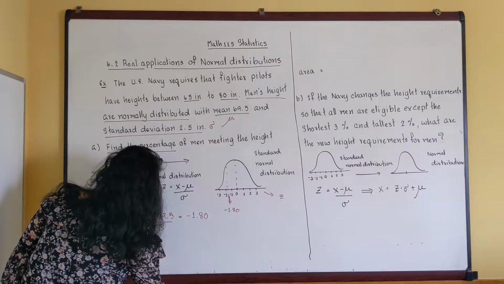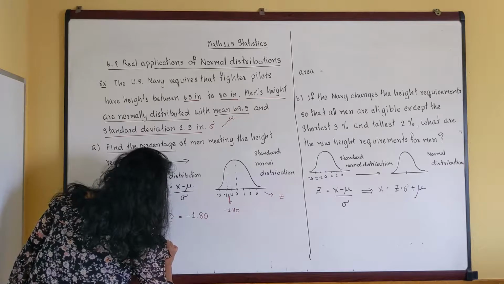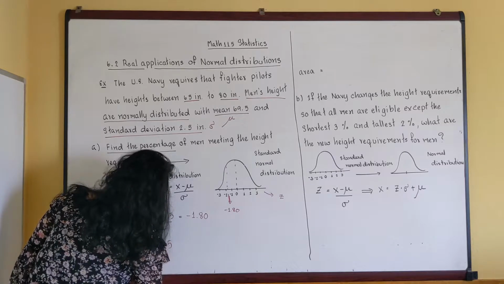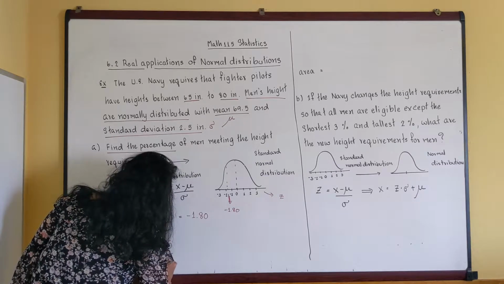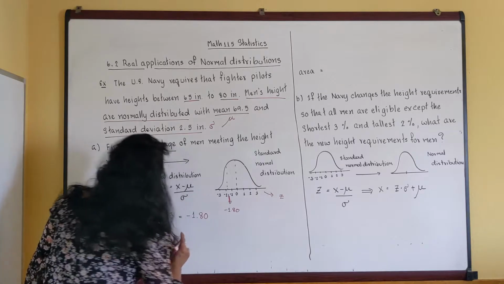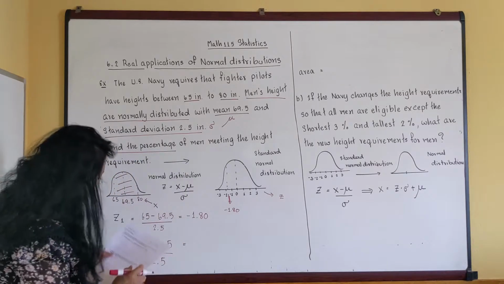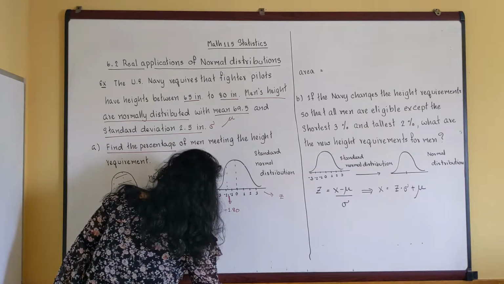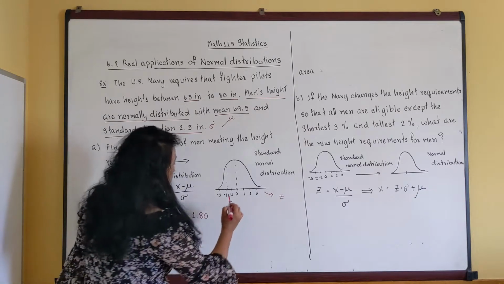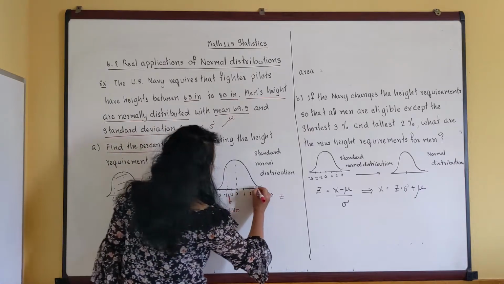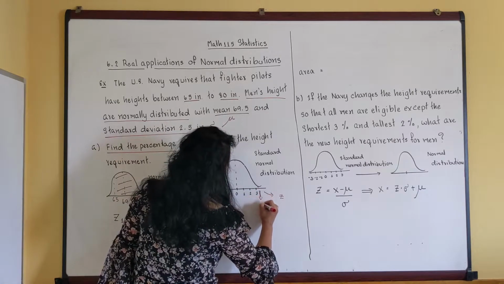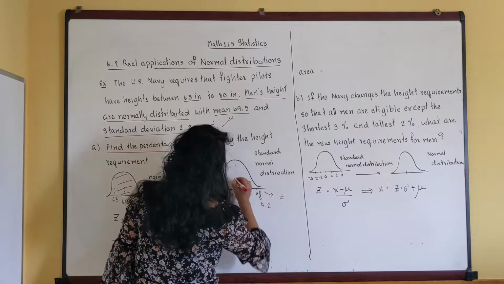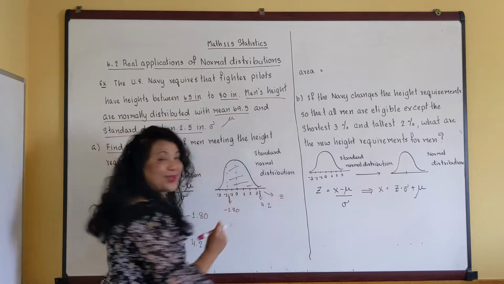Now the second x, which is 80. 80 minus 69.5 divided by 2.5 turns out to be 4.2, which is way past 3. That's the area in between.